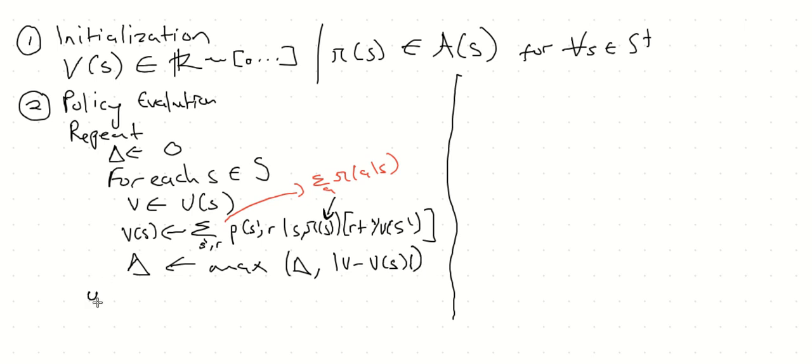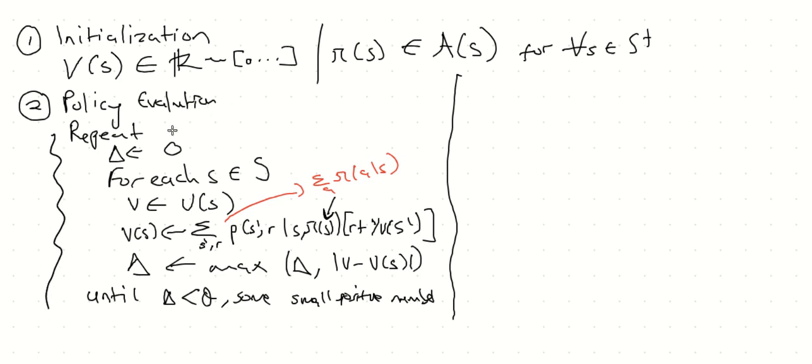And this will happen until delta is less than theta, some small positive number. I rushed through this algorithm because you should already know how it works from the previous video.